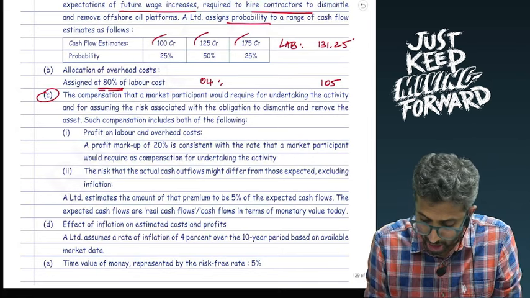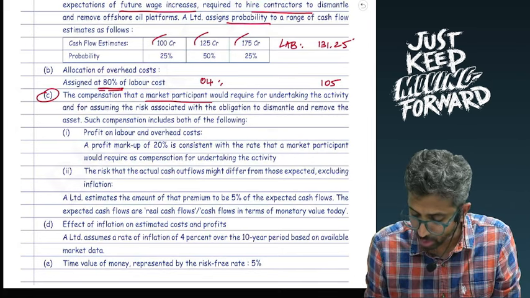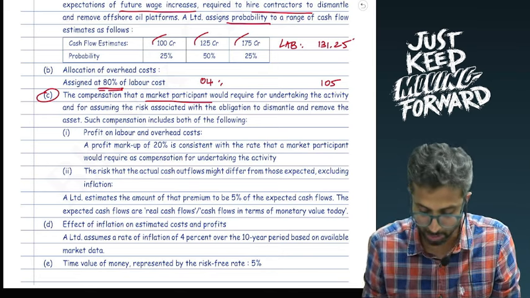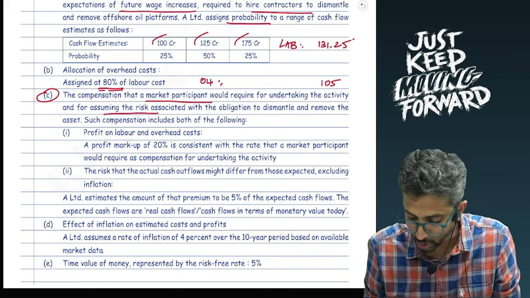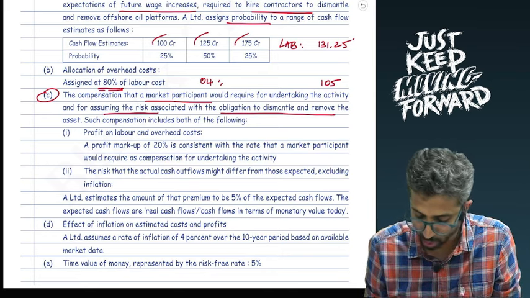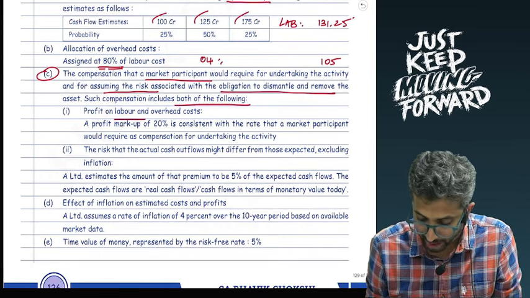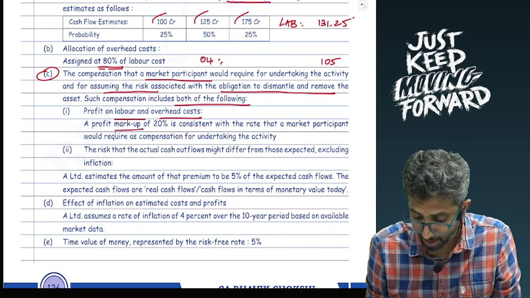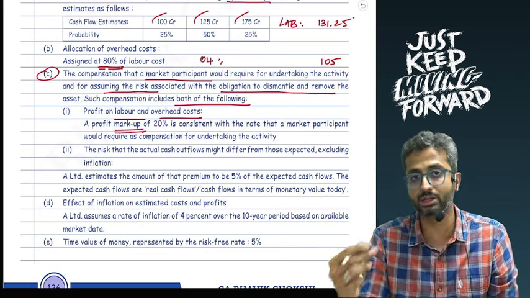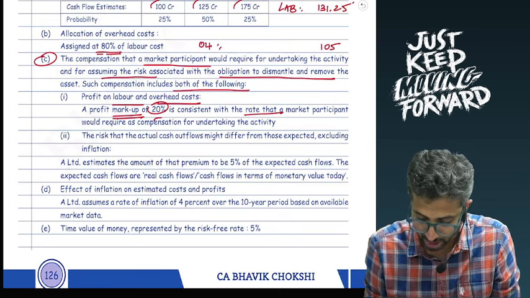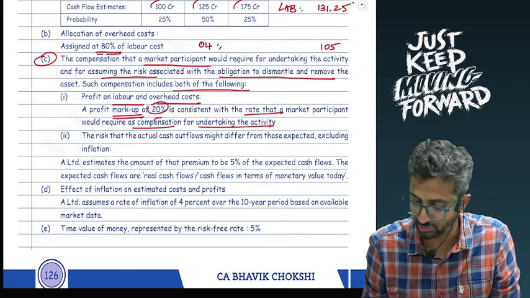Now third point, the compensation that a market participant would require for undertaking the activity. I am taking your burden, so I need some compensation, and assuming the risk associated with the obligation to dismantle and remove the asset. Such compensation includes both profit on labor and overhead cost, a profit markup. Remember, markup is on cost, margin is on selling price, of 20% is consistent with the rate that a market participant would require as compensation for undertaking.